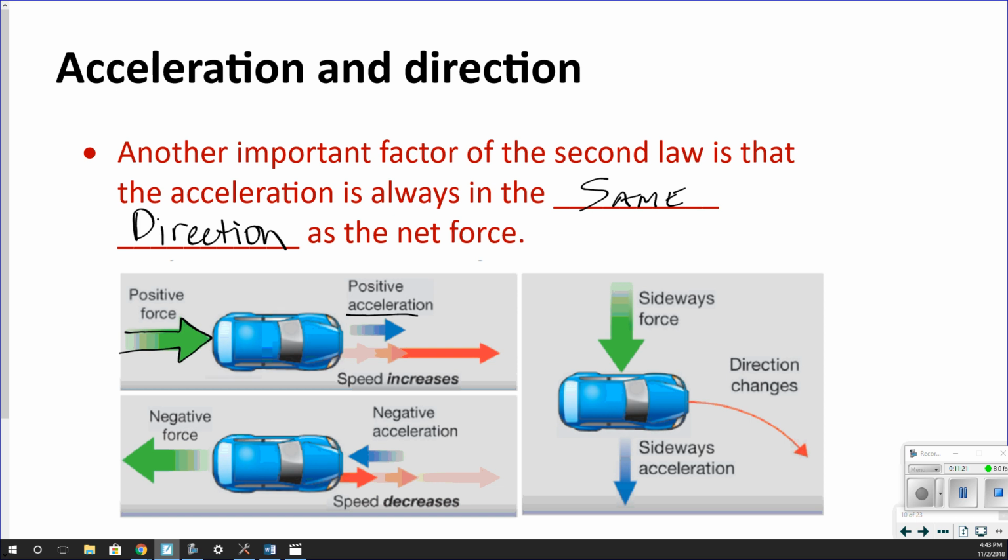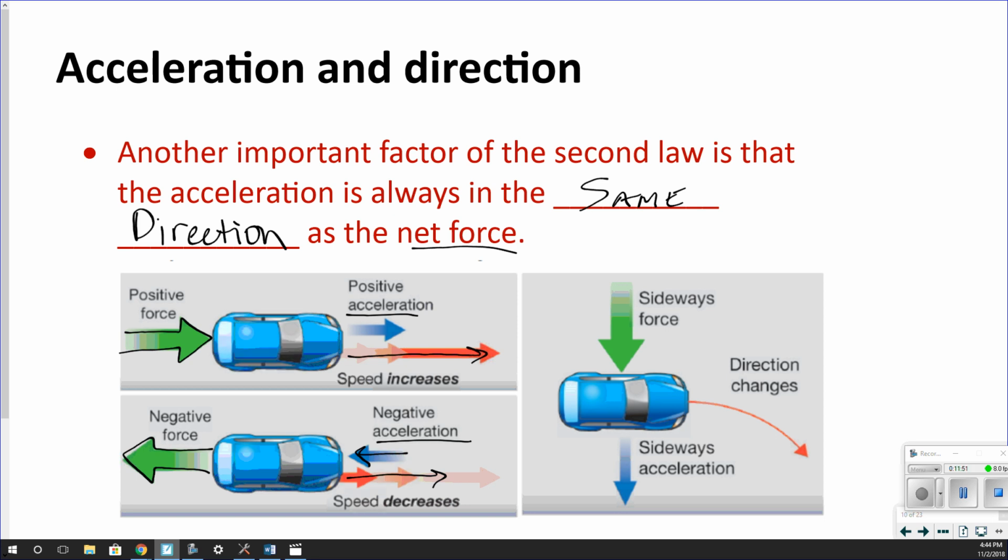We end up with a positive acceleration, and we end up with our net force. Everything is going to the right. However, in the image below, we have a negative force, so you're hitting the brake and you're slowing down. You end up with negative acceleration. So your forces are in opposite directions.